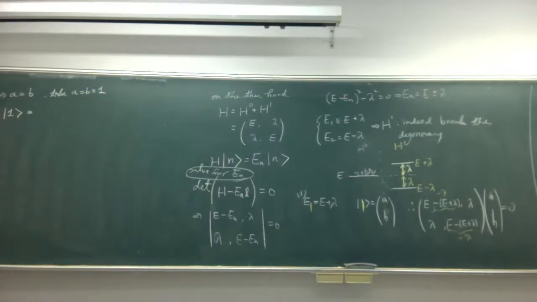So the first state would be (1, 1), right? And including the normalization condition, I have another factor 1 over square root 2 over there. So the first eigenstate I can choose is 1 over square root 2, (1, 1). All right?